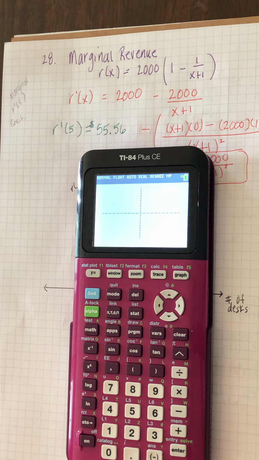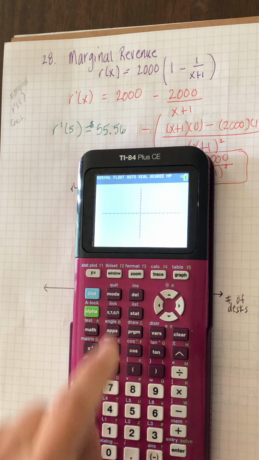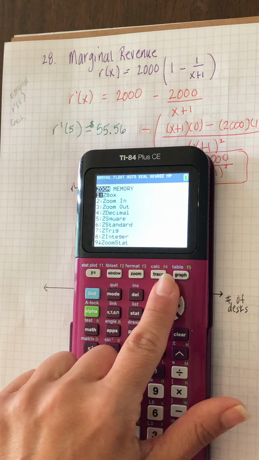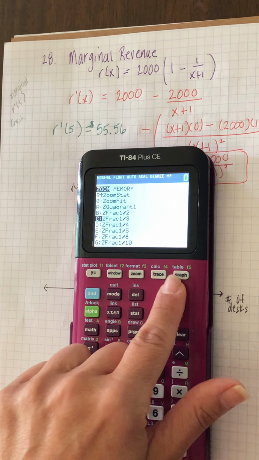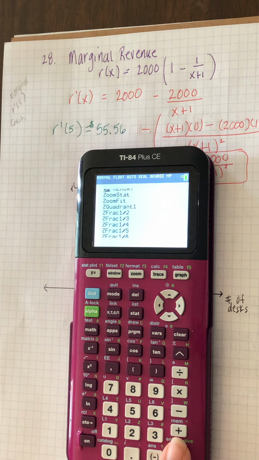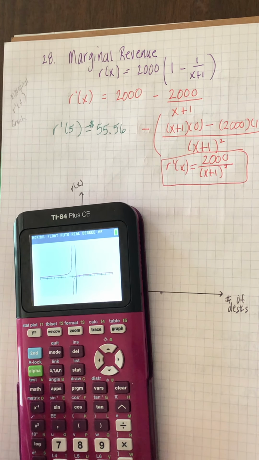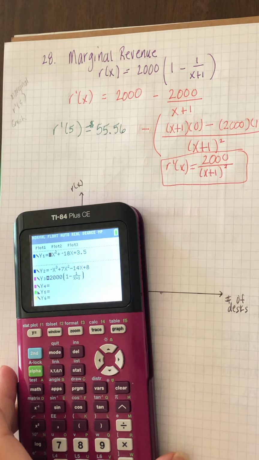I can't even see anything. You probably can't see, but it's pink. I have a pink straight line, which is what I would imagine you have as well. Not going to help me. So I'm going to do a zoom fit. And this is not the right graph.